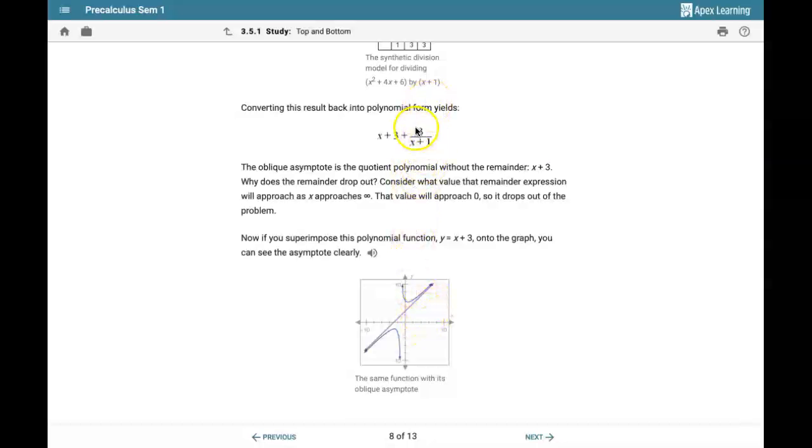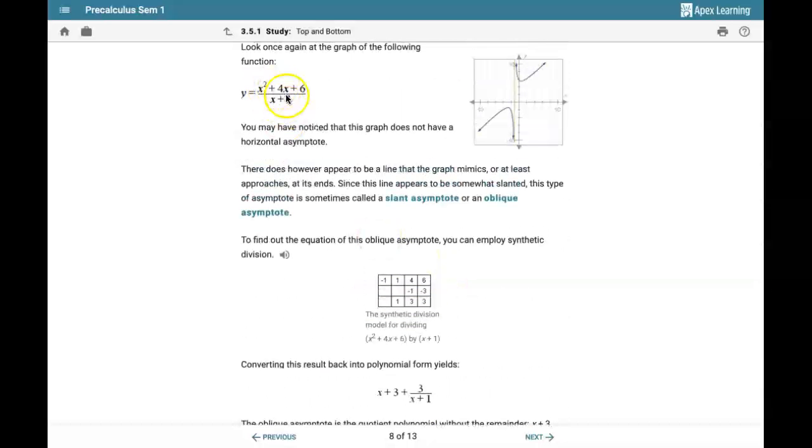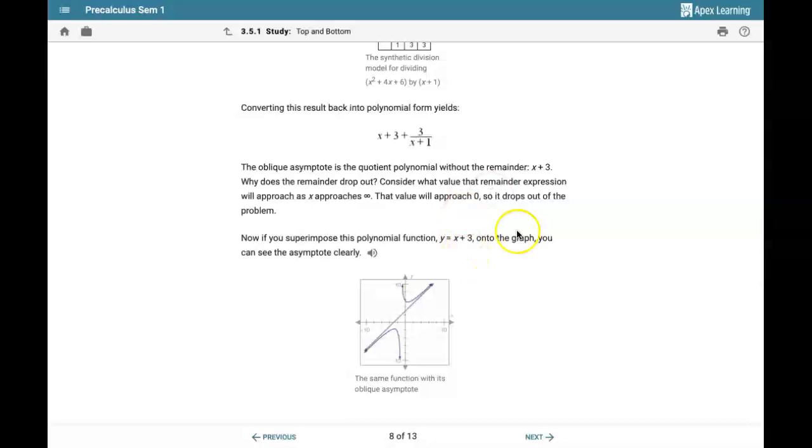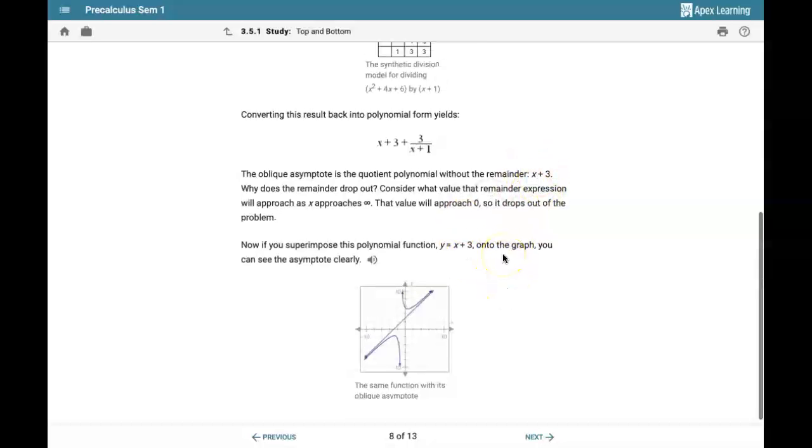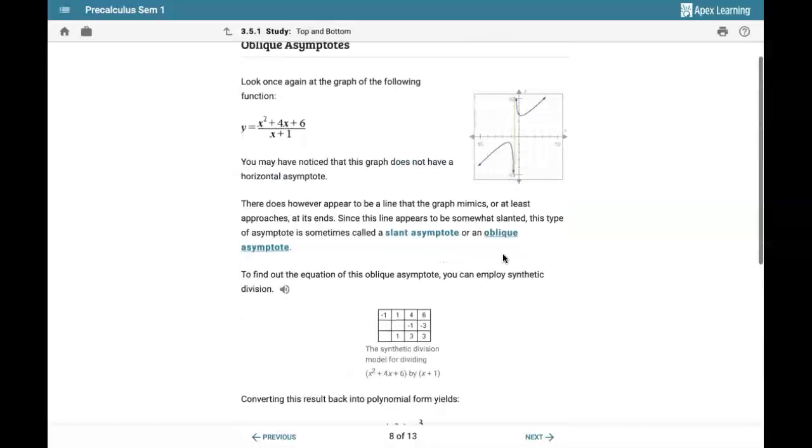Eventually this is going to get so small that it's just going to act like 0. So the remainder drops out, and after our division we found there's a slant asymptote along the line x plus 3.